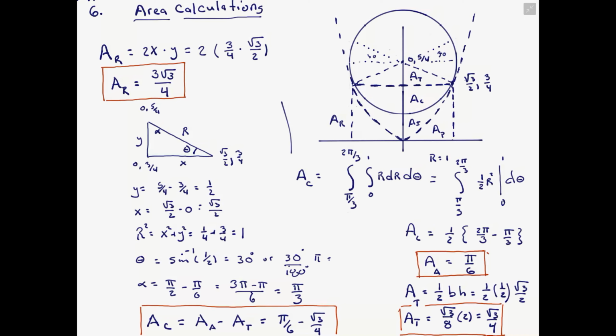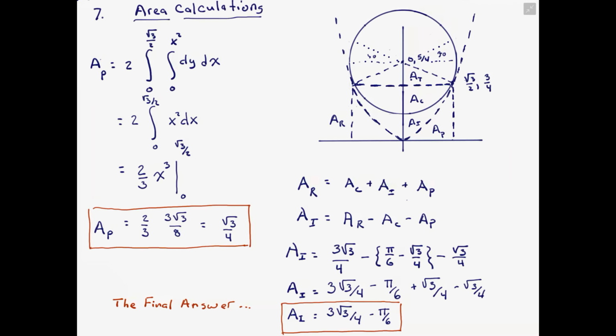Now, the area under the parabola: we just integrated on the right side and doubled it. So the area between the parabola and the x-axis is given by that double integral, and that's a pretty straightforward deal. And we know our limits of integration in the x direction, which is 0 to square root of 3 on 2.